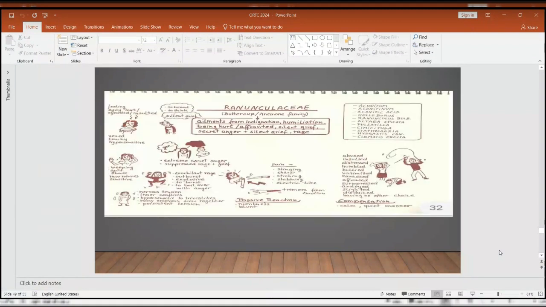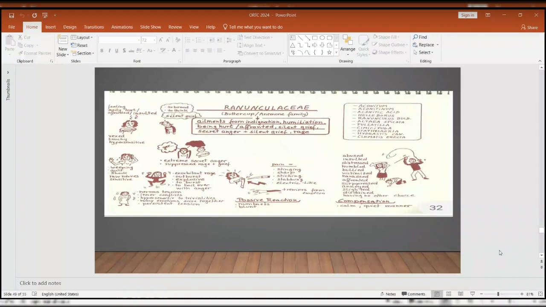Why Pulsatilla? Because it belongs to the Ranunculaceae family, which has ailments from humiliation, indignation, of being hurt. A lot of secret anger with grief and rage.